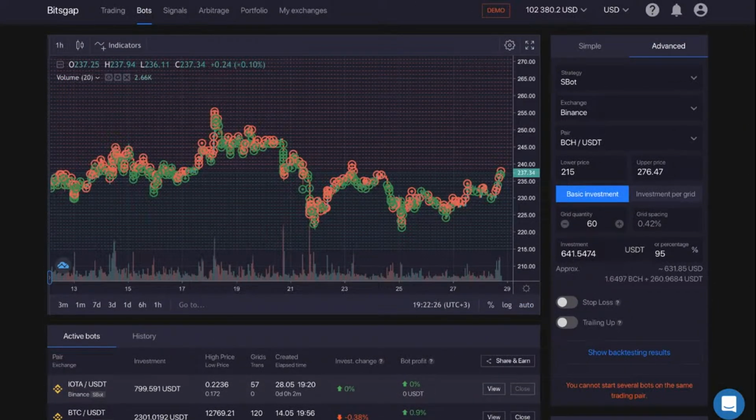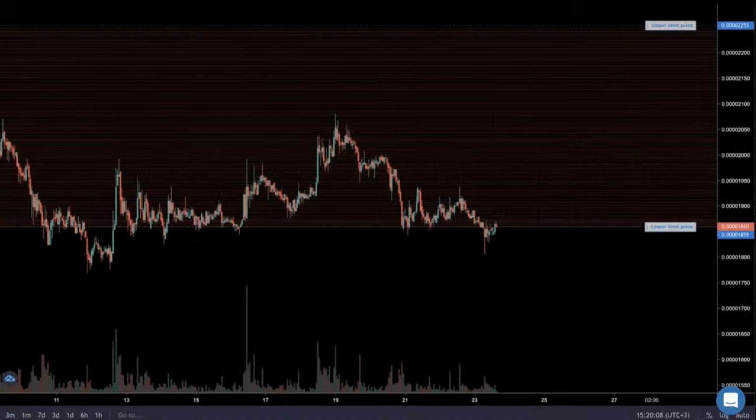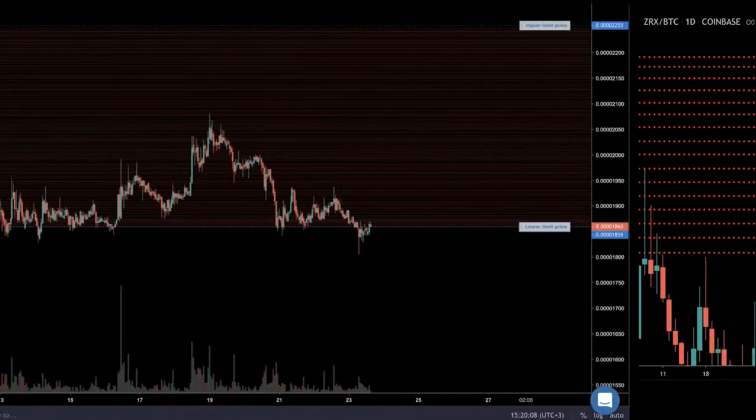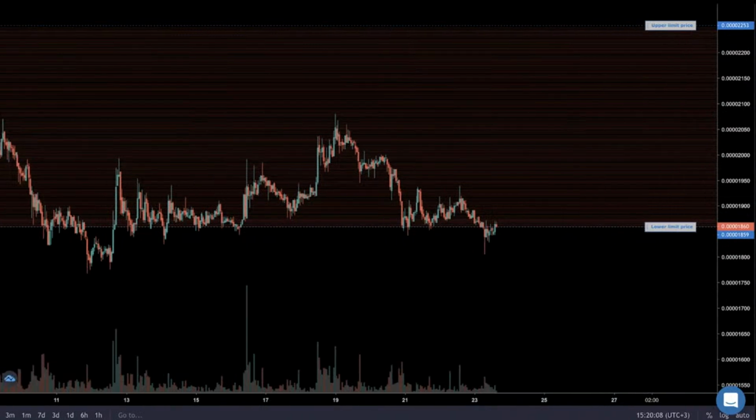So another way of using grids is, let's say you want to have only sell orders because you expect the price to start moving from that point already. So you don't expect the price to have some downside swings. You expect it to start moving upwards from that point.